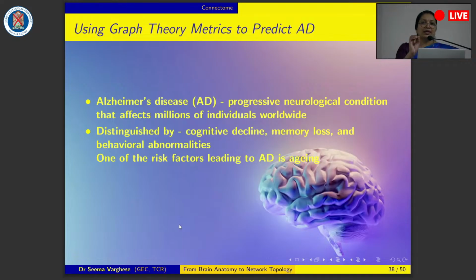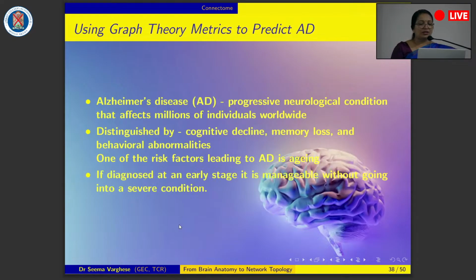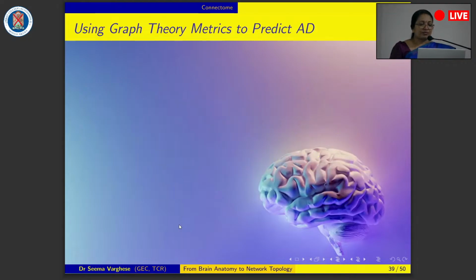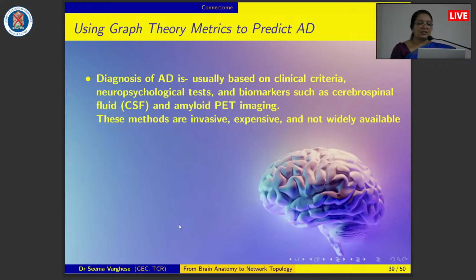The problem is that this happens mainly due to aging, and the symptoms are very slow. So when they occur for the first time, we will not identify that it is this. But if you are able to identify this AD in the earlier stage, it is manageable. So you can have a better life than if it is detected in the later stage. So detection or diagnosis is very important.